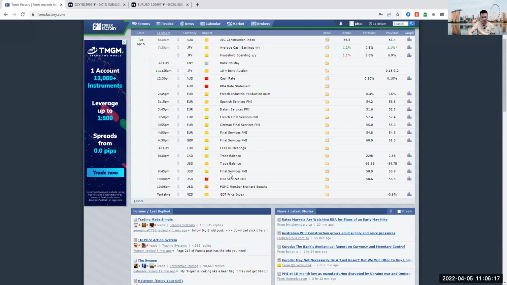Later today, we do have the US services PMI number looking like a small increase from 56.5 to 58.6. So PMI numbers for services in the US looking like a small increase towards 58.6, which shows that the expansionary phase is speeding up a little bit.